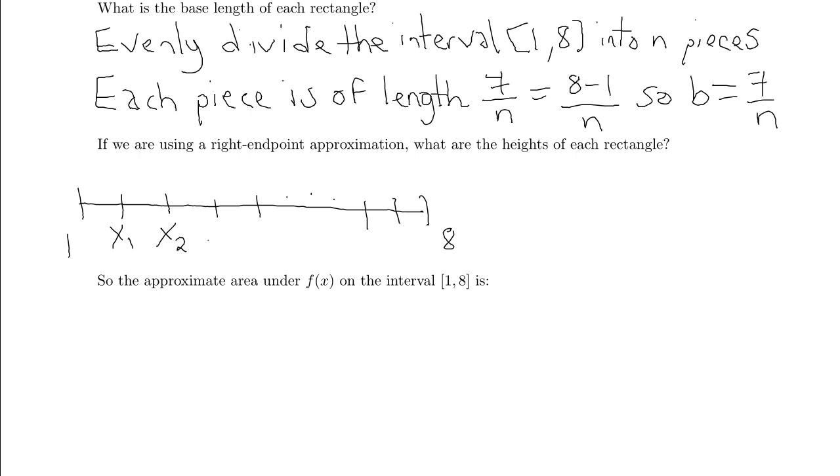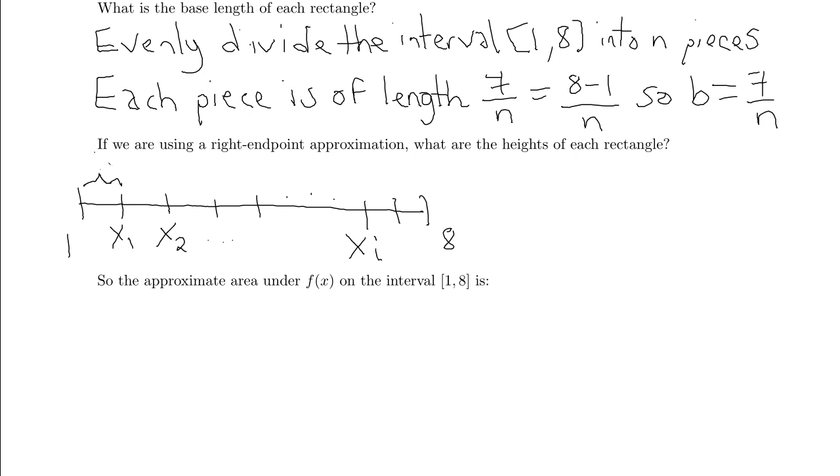So we keep going until, I'm going to call this one down here xi, because I don't actually know what it's equal to. And so let's try to think about this. Well, the distance between each subinterval, the length of each subinterval, we just said is 7 over n. I'm going to try writing that again because that is hard to read.